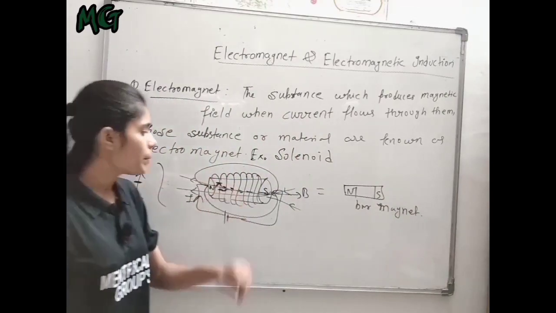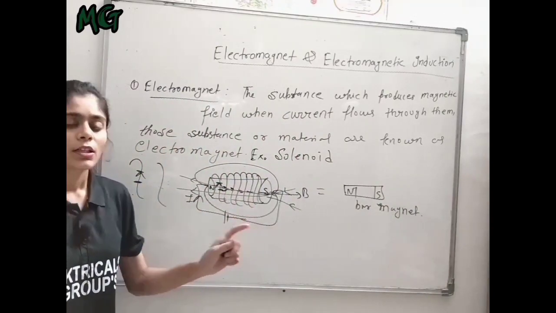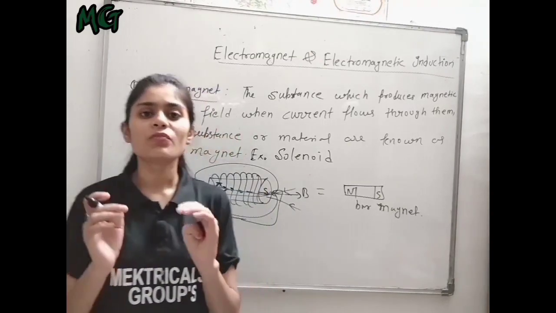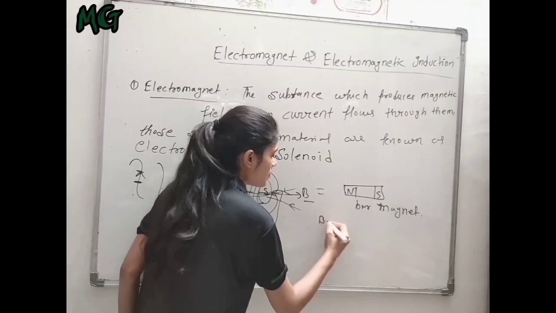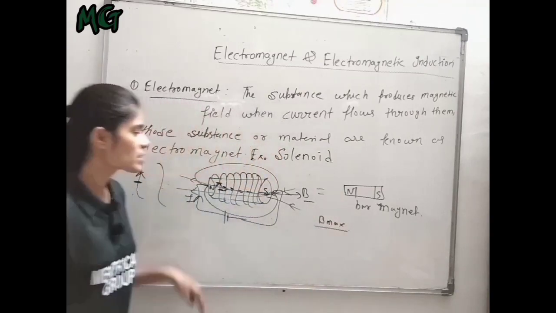But there is one more property of this solenoid. The magnetic field along the axis has been found to be maximum. As we go far away from the axis, the magnetic field decreases, and outside the solenoid at some point the magnetic field becomes 0. So outside the solenoid the magnetic field is 0, and B is maximum along the axis.